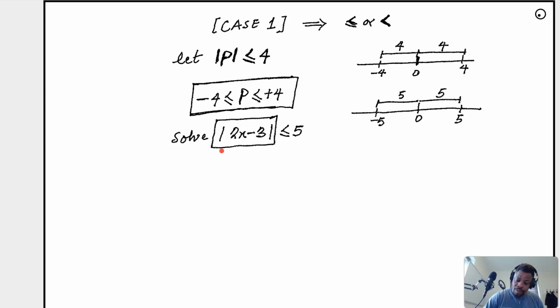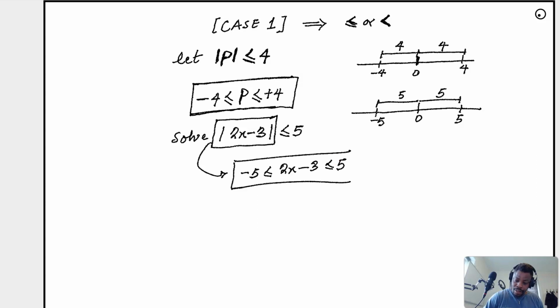So this can also be written as minus 5 less or equals to 2x minus 3, and this is less or equals to plus 5.